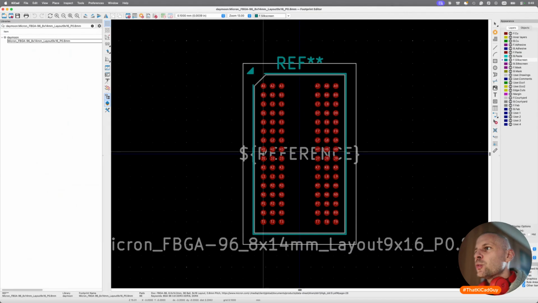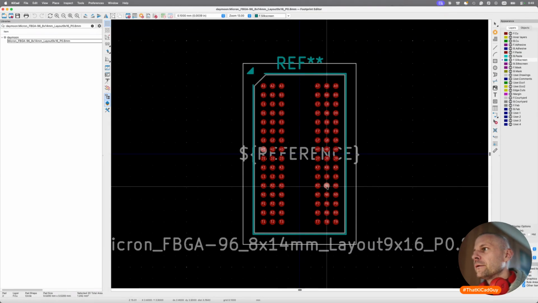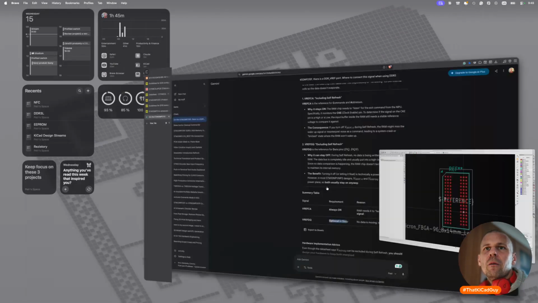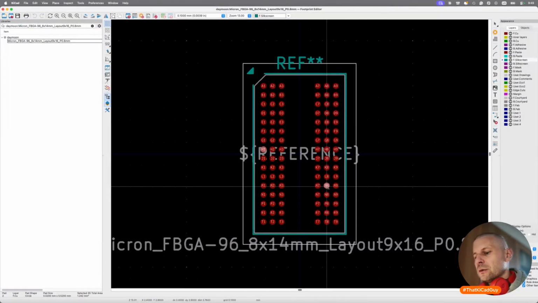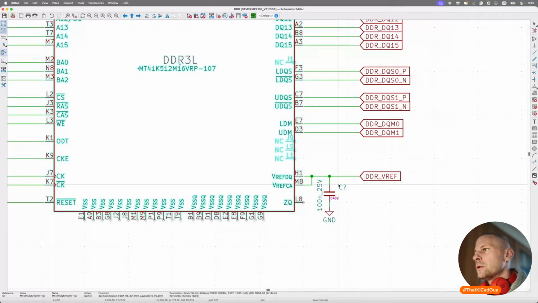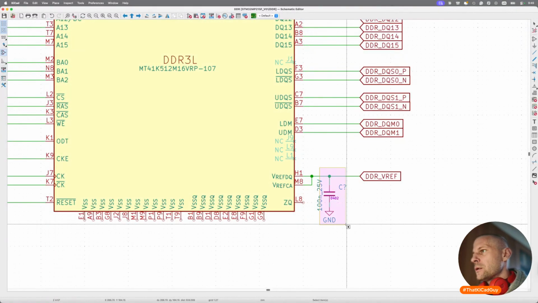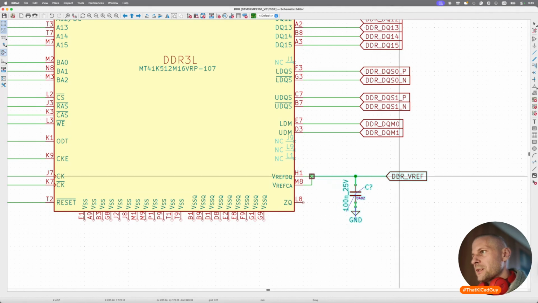So they say H1, this one, and M8 here. We definitely need 2 capacitors. Because if it's so important for the communication and this must be stable, then we need to decouple both tracks, not just one. Okay. So we will do this.